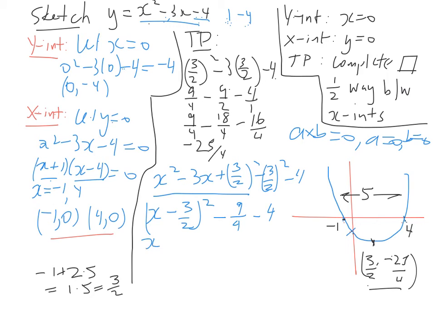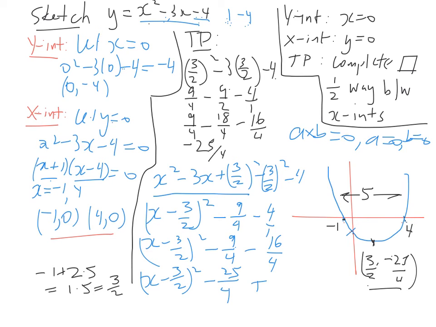So we've got (x - 3/2) squared minus 9 over 4 minus 4. And remember, this is 4 over 1. We want to write it as over 4, so we've got to multiply both by 4. So we get 16 over 4. So it ends up being (x - 3/2) all squared, minus 9 take away 16 is negative 25 over 4. So it holds true.